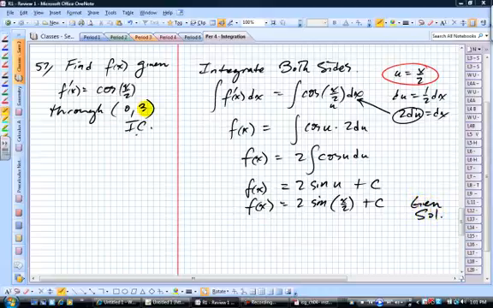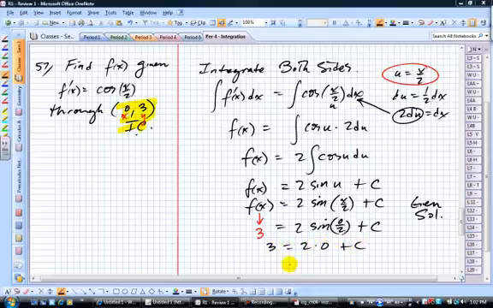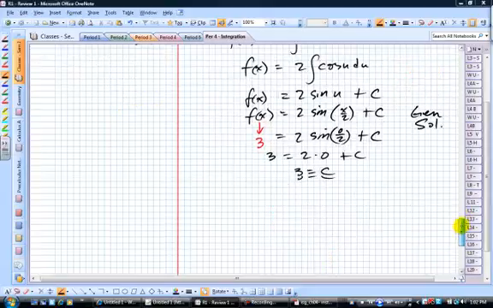All right, but I want the specific one. I want it through (0, 3). So x is 0, and f of 0 is 3. So I want to substitute in 3 here, and set that equal to 2 times the sine of 0 divided by 2 plus c. So 3 is equal to 2 times 0 plus c. So 3 equals c.